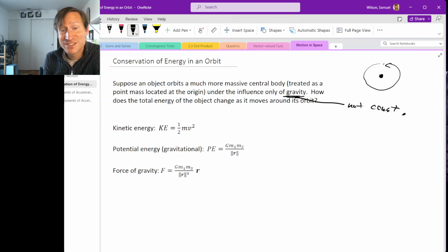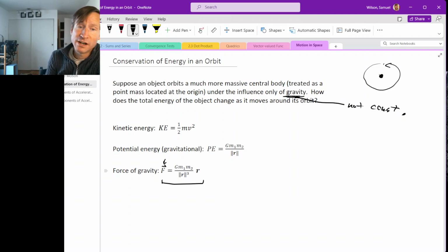We'll have to let the physicists tell us what the force of gravity is, and this is the formula that they tell us. I've neglected to make this F bold, so let me put a vector hat on that. Force is a vector quantity, and this is a vector formula for the force of gravity.